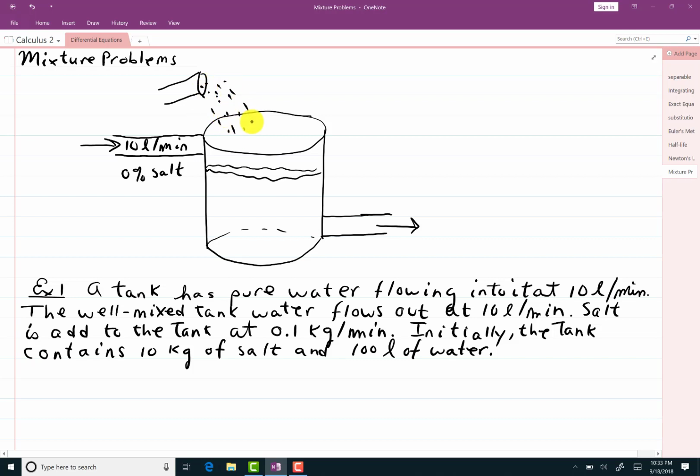It's being sprinkled into the tank somehow, and so that's being added to the water. It's being stirred up and then shot out the other side, also at 10 liters per minute. But this time, I don't know what the mixture is. All I know is whatever we have in the tank is coming out here. So I know it initially starts with 10 kilograms of salt and 100 liters of water. But realistically, we don't know at any given time how much concentration of salt is in there.